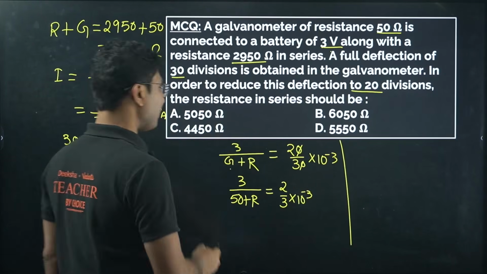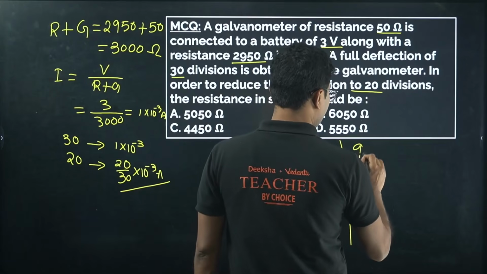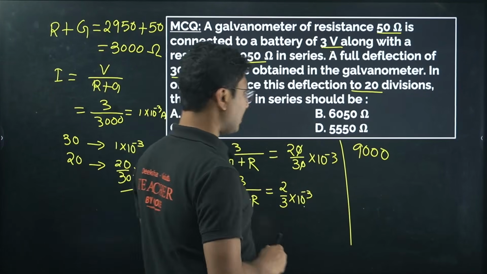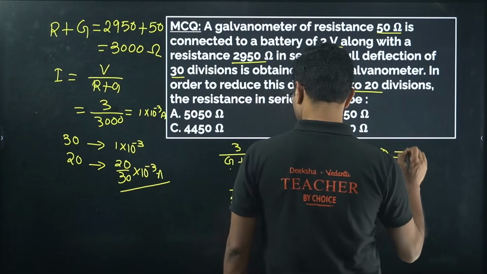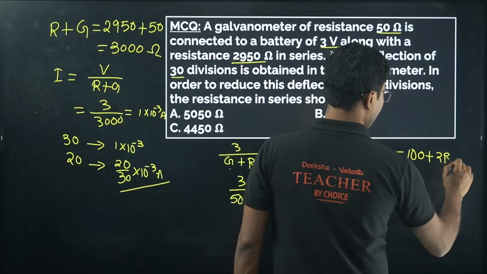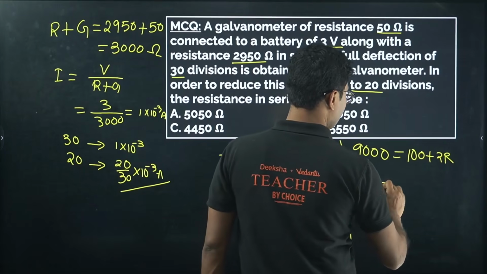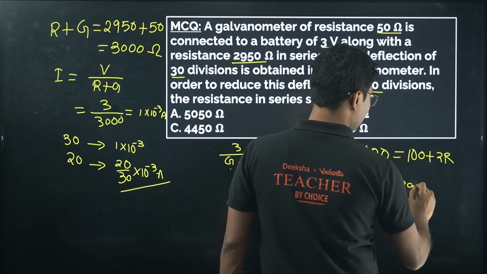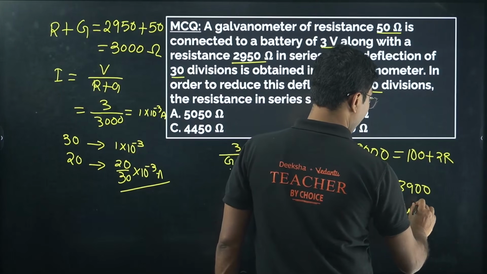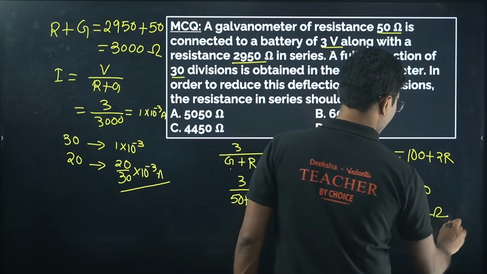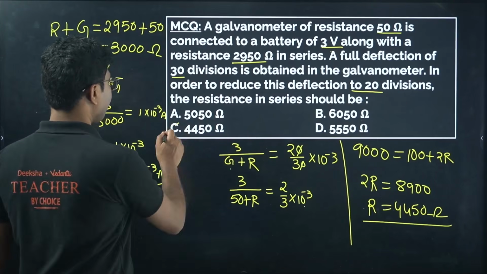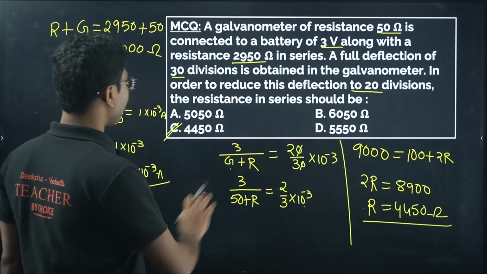Now do the cross multiplication, we get 3 threes are 9000, 10 to the power of minus 3 comes over here and becomes 1000, and that is equal to 100 plus 2R. Okay, so 2R equals 8900 or R equals 4450 ohm. Okay, so the resistance is 4450 ohm. So this is the answer for this question.